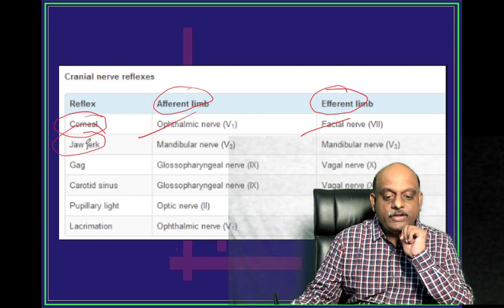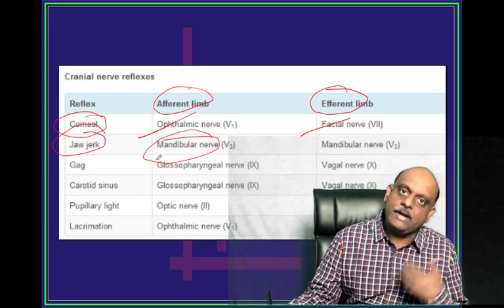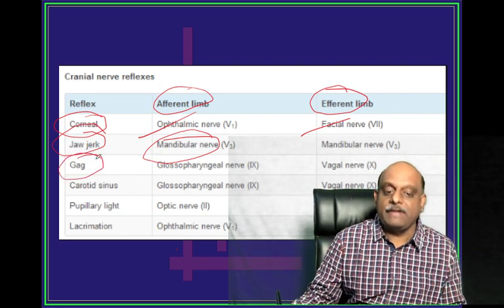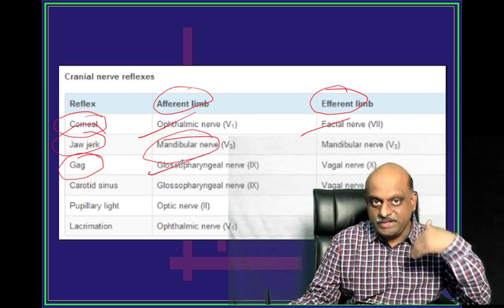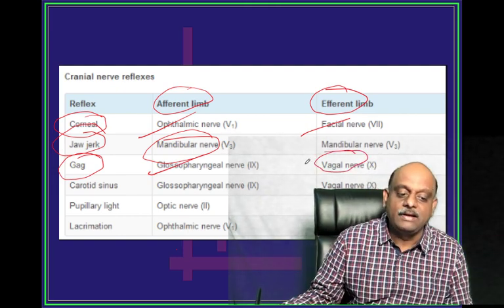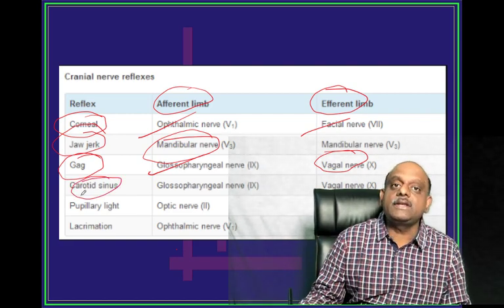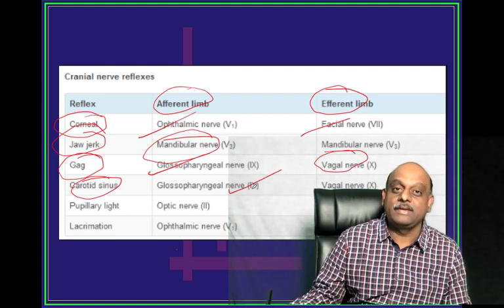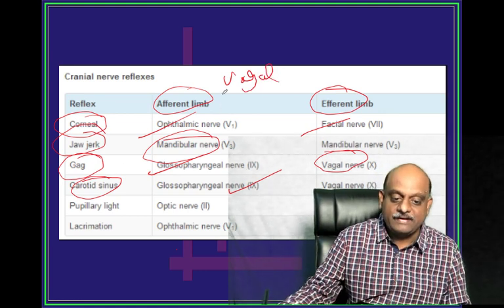Jaw jerk, when you do the jaw jerk, it is the mandibular nerve which is both afferent and also efferent, is what you need to remember. Then the gag reflex. Glossopharyngeal is afferent, which takes the sensory, and the vagal is efferent. That's what the examiner wants to be very sure about, right? Then carotid sinus: glossopharyngeal is the afferent and vagal is the efferent.